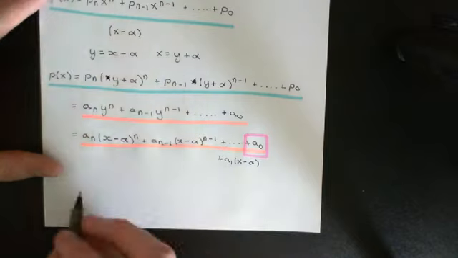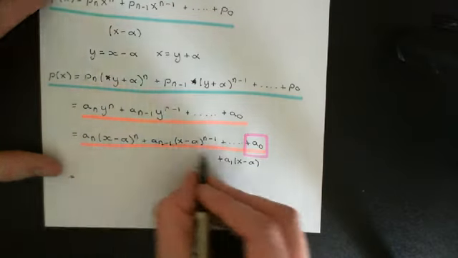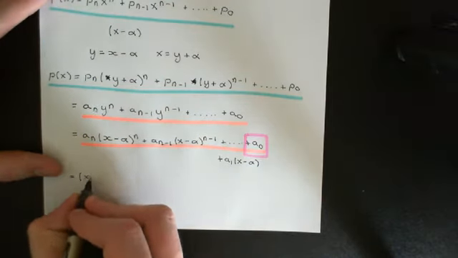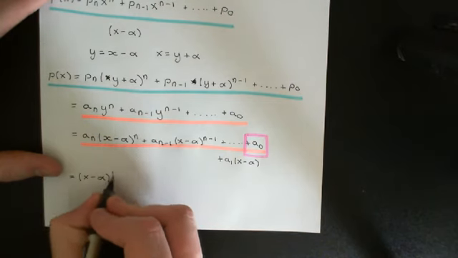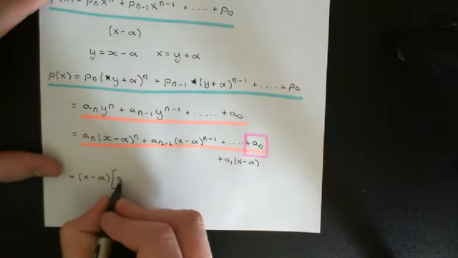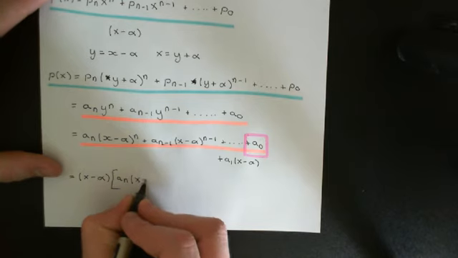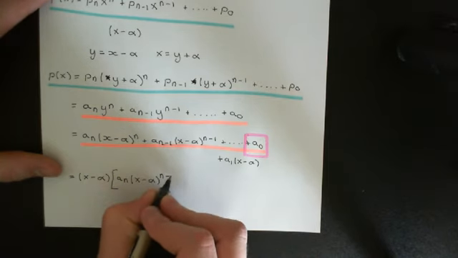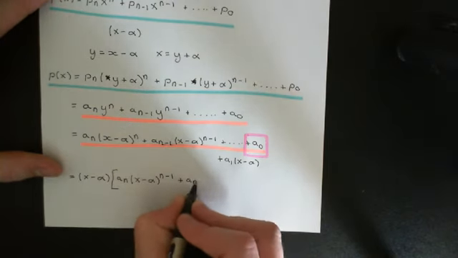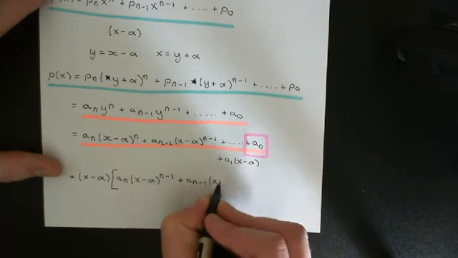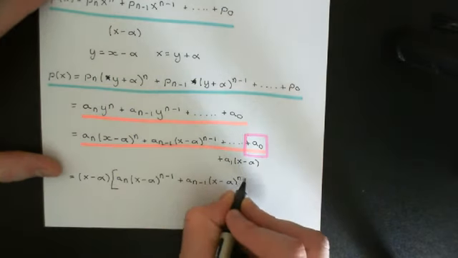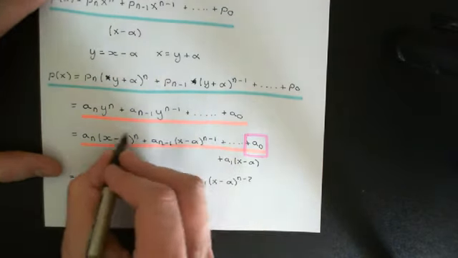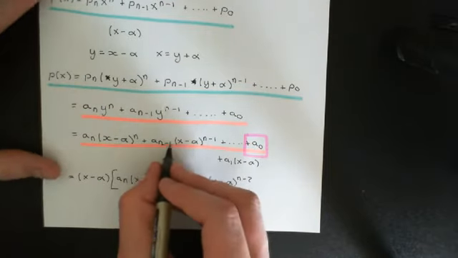What you can now do is pull out x minus alpha from all of those, and what you'll get is x minus alpha times, big brackets, a_n times (x minus alpha) to the power of n minus 1 plus a_(n-1) times (x minus alpha) to the power of n minus 2. So this is what corresponds to this term here, and this corresponds to this term.